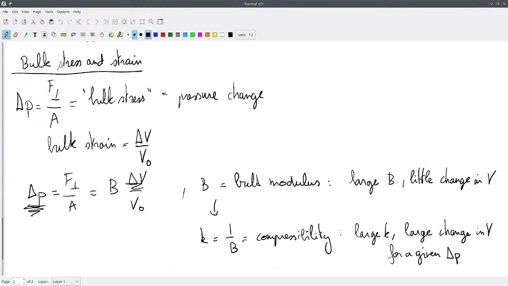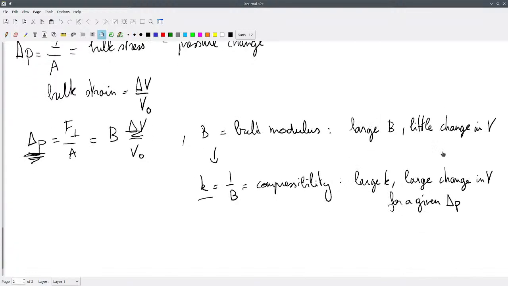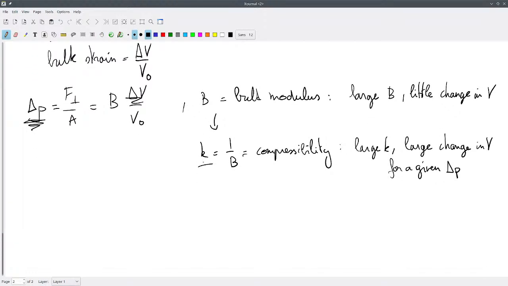So things that have a large compressibility are easy to compress, and so the same force will change their volume significantly.